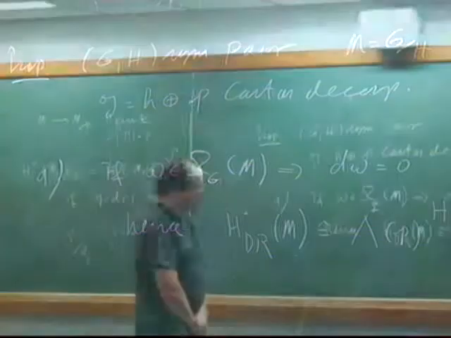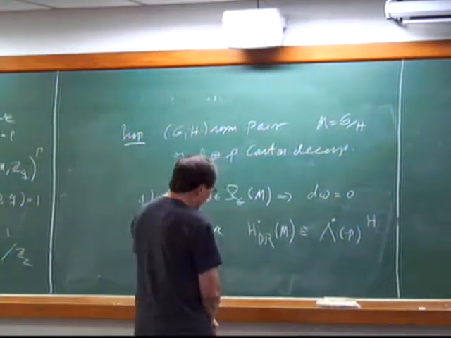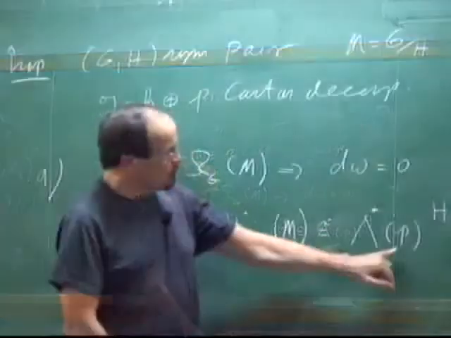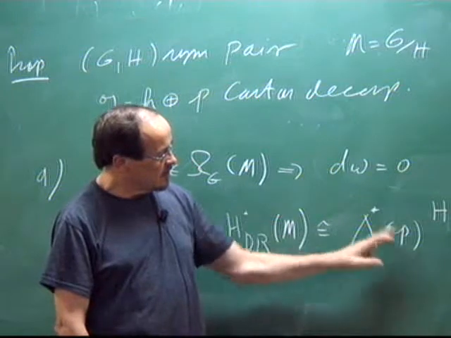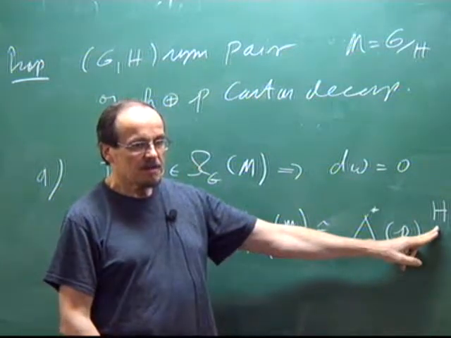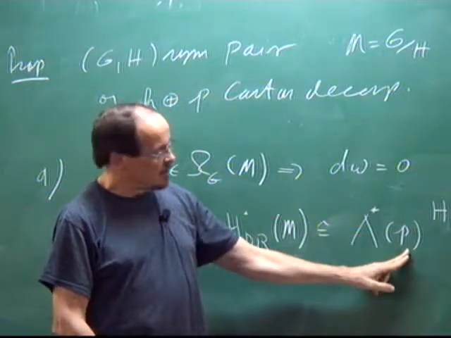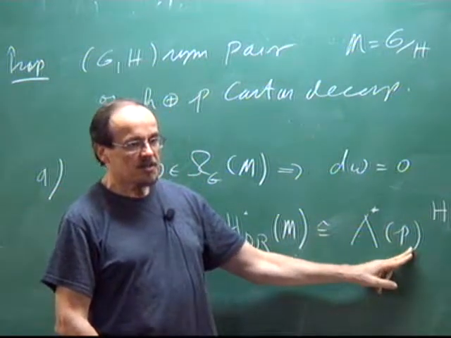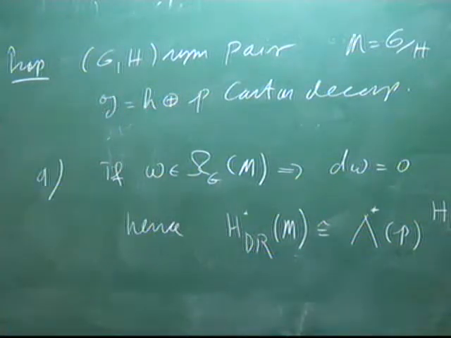So I don't have to take a cohomology. I can forget about the differential over there. And this now becomes a representation theory problem to figure out, in this finite dimensional vector space of exterior forms on P, what are the elements that are H invariant. So H acts on this vector space here via a representation, and what are the vectors fixed under the representation. That's something that one can figure out.